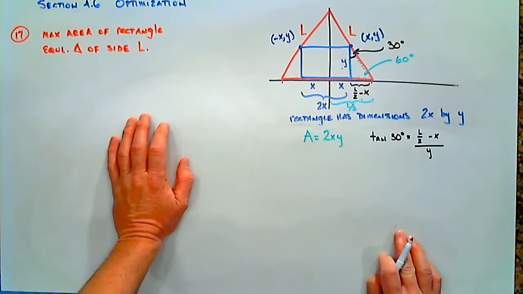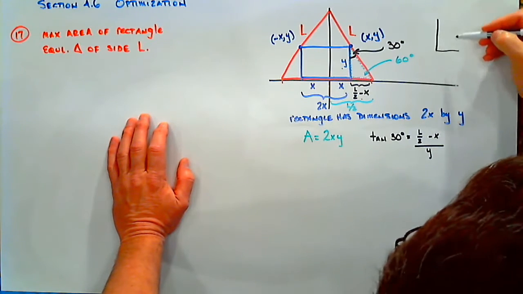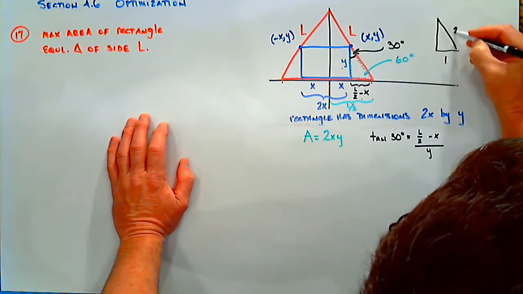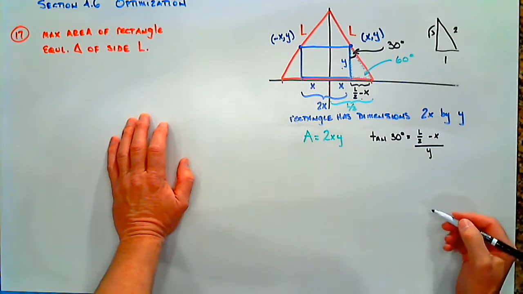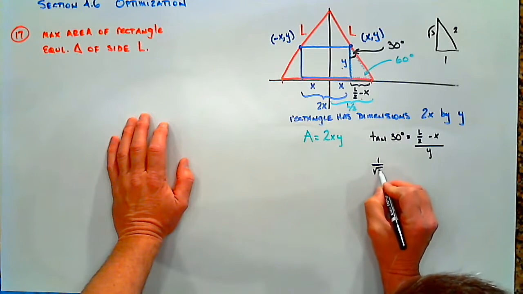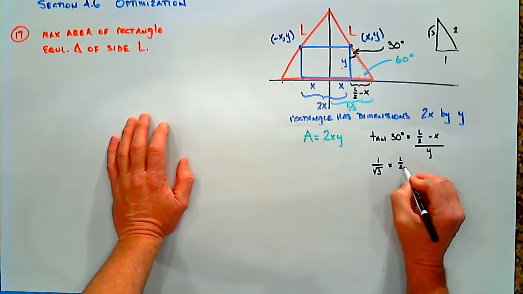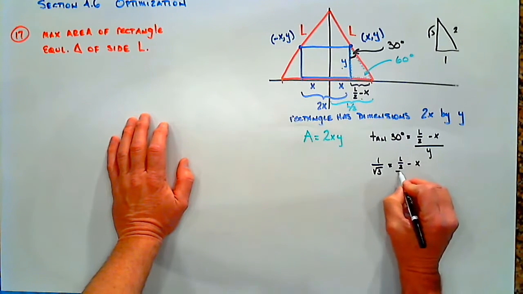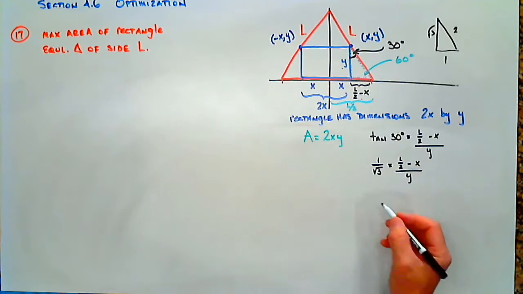Now, we know what tangent of 30 degrees is. If we just quickly draw a triangle up here, we have 1, 2, square root of 3. Tangent of 30 degrees is 1 over root 3. So what do we have here? We have 1 over the square root of 3 is equal to L over 2 minus x, all divided by y. If we rewrite this, we can multiply both sides by y.